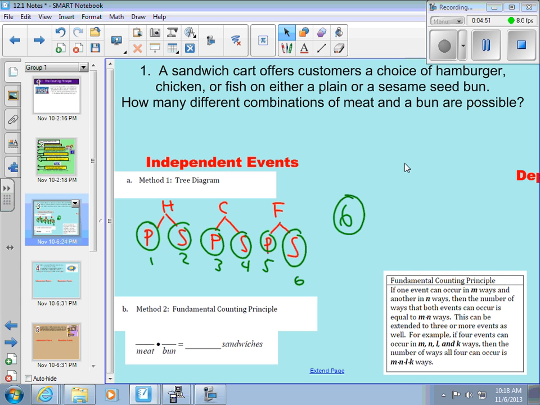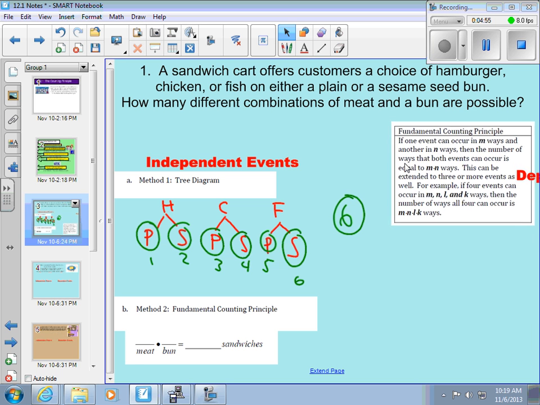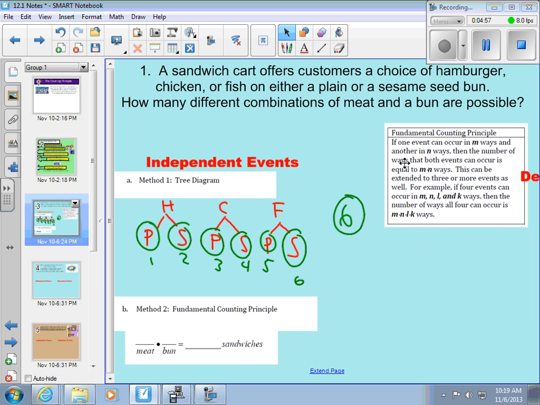An easier way to do this is what's called the fundamental counting principle. The fundamental counting principle says if one event can occur m ways and another event can occur n ways, then the total number of ways that both events can occur is equal to m times n ways. And this can be extended to 3 or 4, or however many choices are possible.